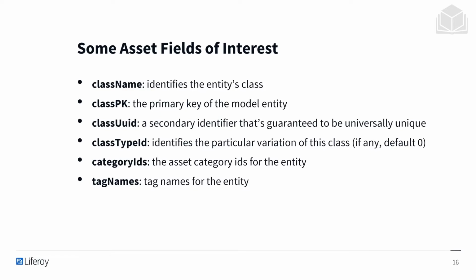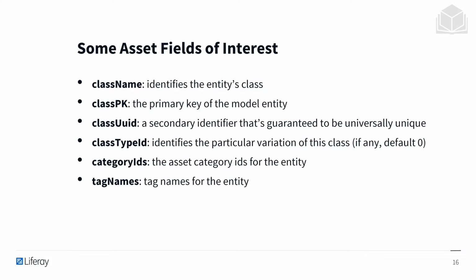Some asset fields of interest include class name, which identifies the entity's class, class PK, which is the primary key of the model entity, class UUID, a secondary identifier that's guaranteed to be universally unique, and class type ID, which identifies the particular variation of this class, if any. It has a default of 0.